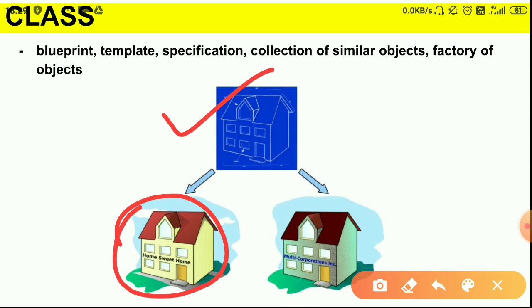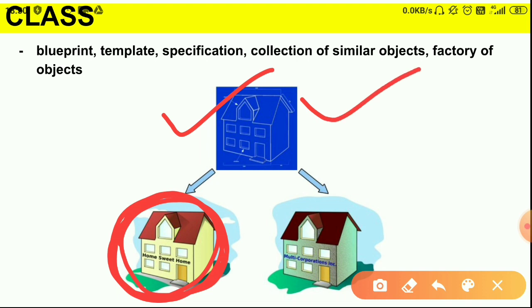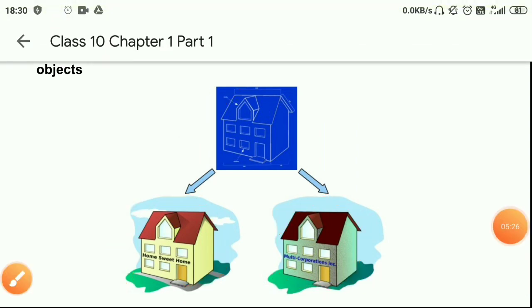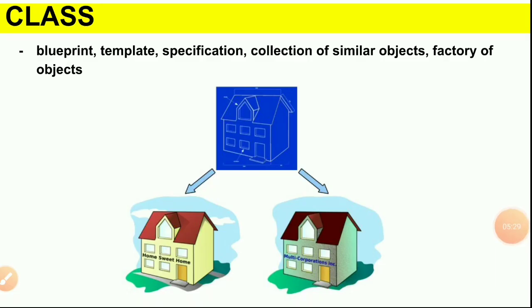So this home is labeled as home sweet home. So home sweet home is an instance of the house class. This is labeled as multi corporations inclusive or whatever it is. So this second house is the second instance.